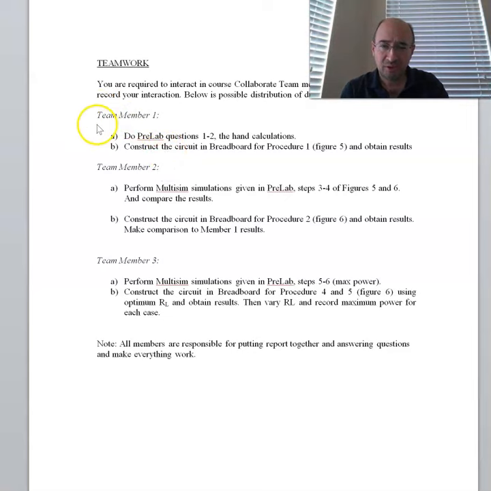Now, as far as dividing this work, I have some guide here which you can follow. What I'm trying to do here is to let everyone do a portion of the Analog Discovery, so you have some exposure. I'm open to other proposals, but make sure it is divided equally.